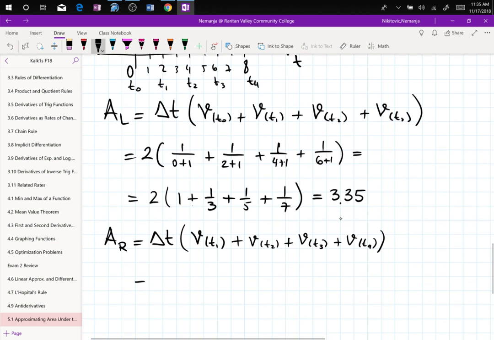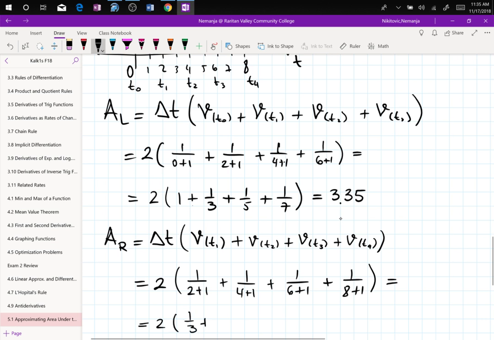When we plug everything in, that's 2 for delta t, and then 1 over 2 plus 1, plus 1 over 4 plus 1, plus 1 over 6 plus 1, and finally 1 over 8 plus 1. That will give us 2 times 1/3 plus 1/5 plus 1/7 plus 1/9.